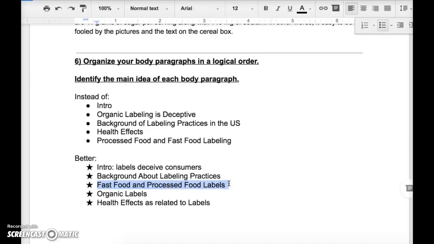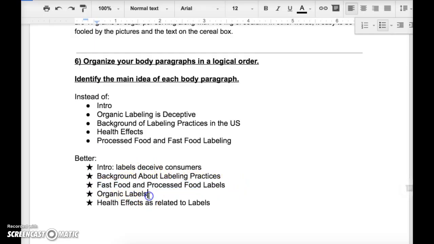It's probably not shocking to the reader that fast food and processed food labels are hard to understand, and as a result are linked to us overeating and developing health issues. So that makes sense to come next.